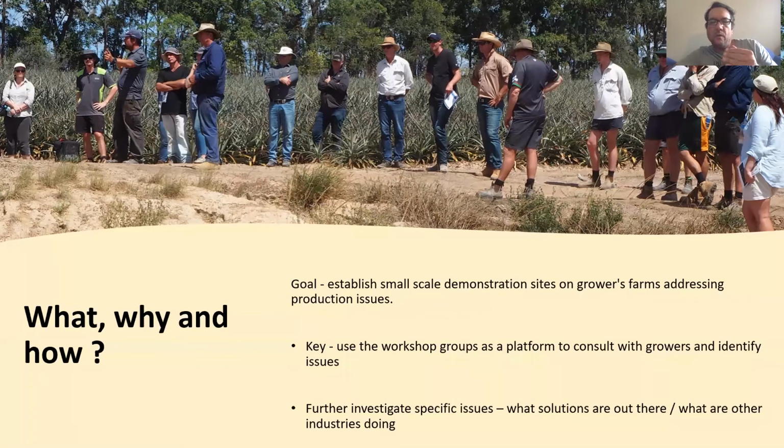And then we went into further investigation of those specific issues. For example, fumigation or precision farming, we went out and had a good investigation into what the growers were wanting, and what was out there in other industries that we could adapt and bring back into our pineapple industry.